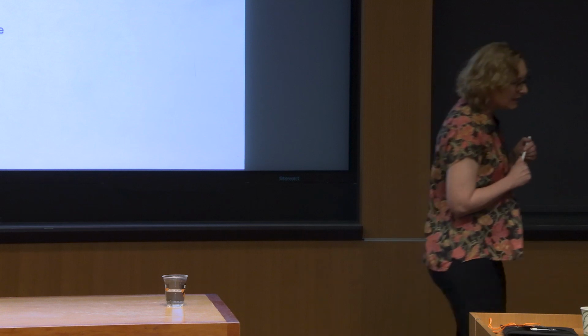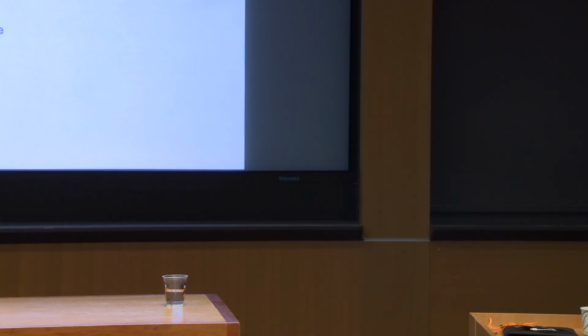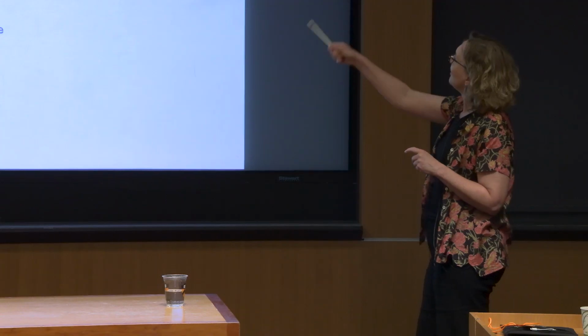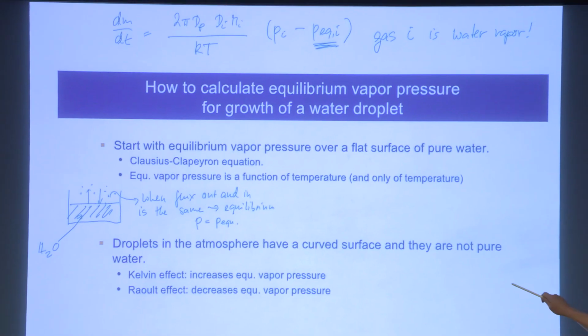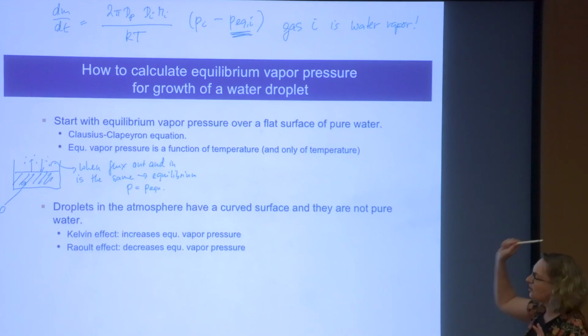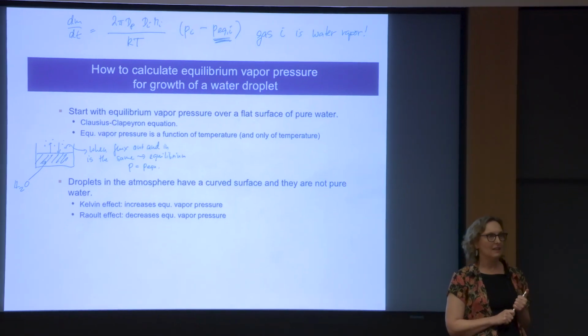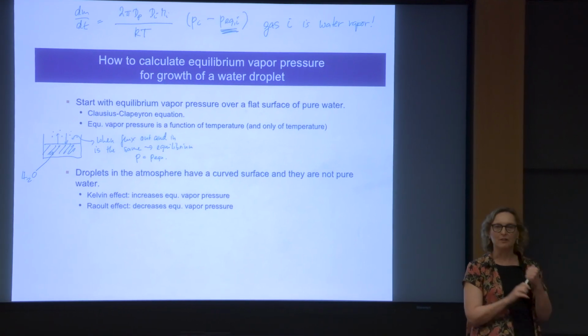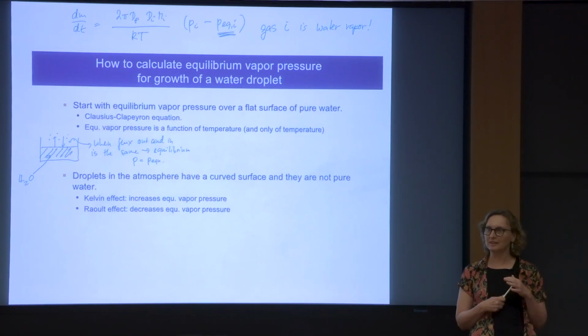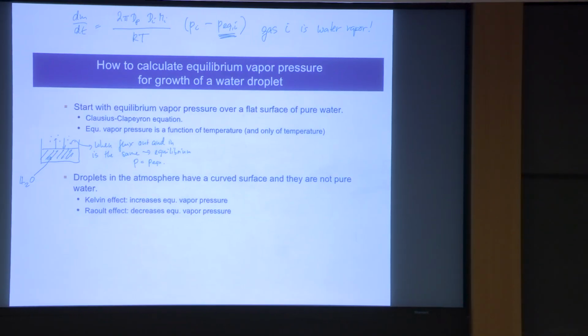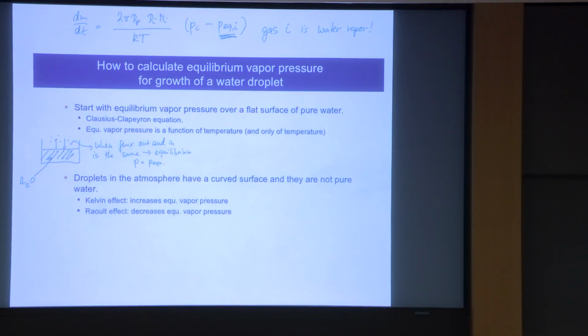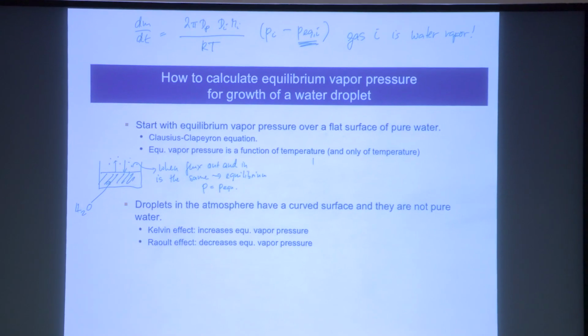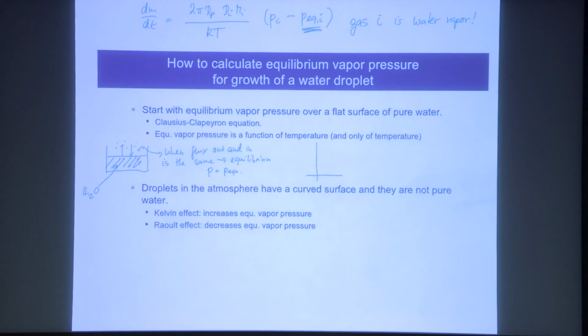And so now, this equilibrium vapor pressure is just a function of temperature, right? And it's given by the Clausius-Clapeyron equation. Everyone on board with that? Okay, and it's actually a very strong function of temperature.